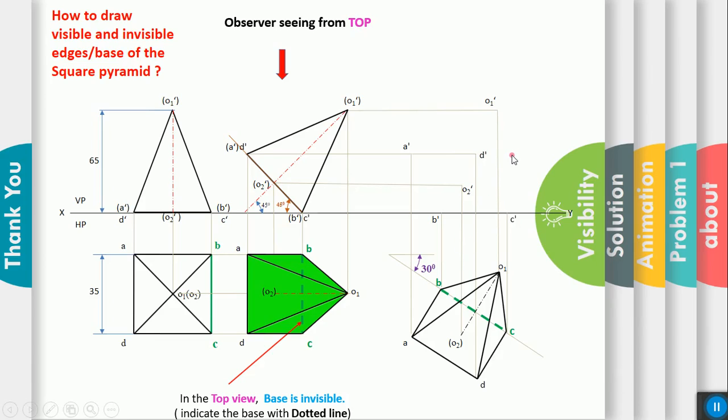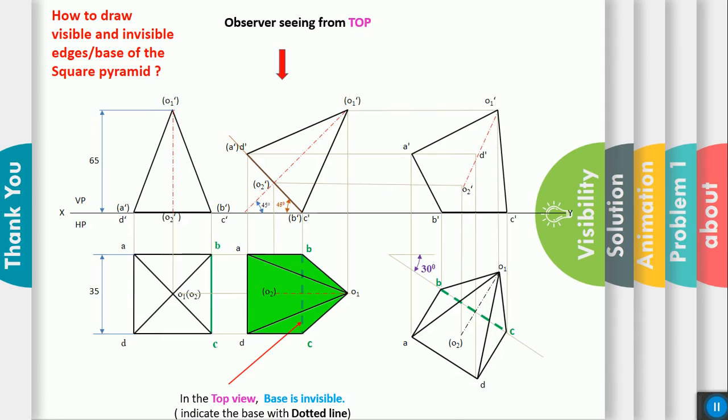In the third position front view, we will join the axis O1 dash, O2 dash with a chain line. Then we will join the outermost corners, that is A dash, B dash, C dash, O1 dash, with a continuous line, because as explained earlier, the corners or edges which are present at the boundary of a solid are always visible.